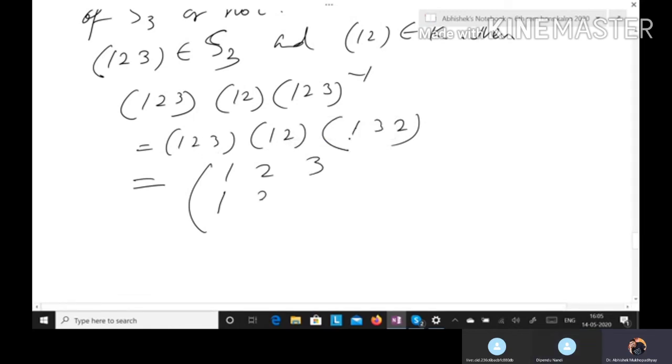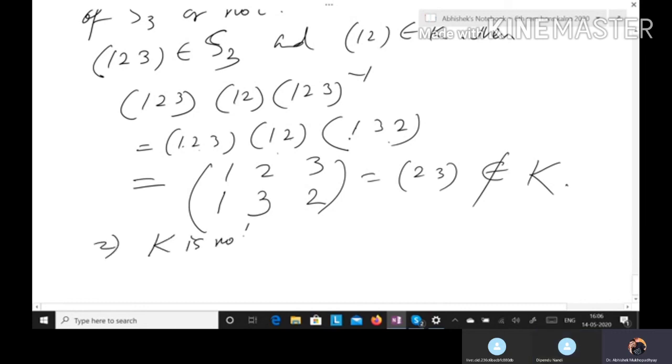And 2 goes to 3, 3 goes to 2, 2 goes to 1, 1 goes to 2. It is a (2 3) cycle, which is not in the group K. So this shows that K is not normal in S3.